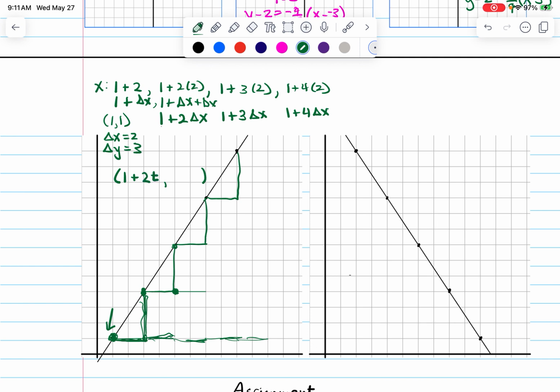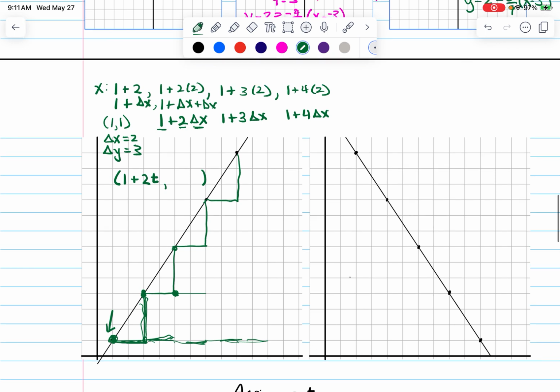See? Here's 1 plus delta x, which is 2, times t.